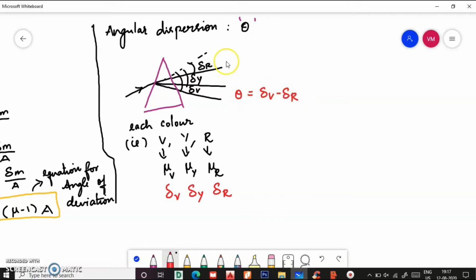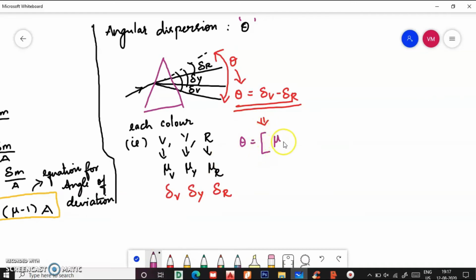The same equation you can write in terms of refractive indices also. I am marking the angular spread, which is nothing but the angular dispersion. If the angles of deviation of violet and red are known, you can easily calculate angular dispersion.